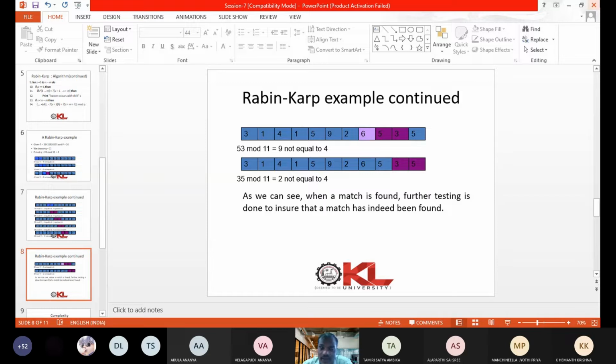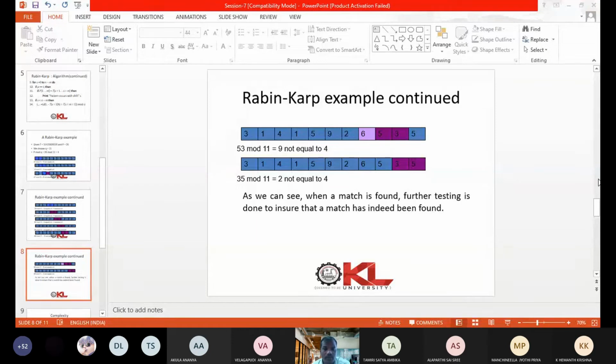Otherwise, just slide over to the next. Sometimes hash values are the same but the characters are not the same. That is called a spurious hit. So identify where spurious hits are occurring. If a spurious hit happens, then slide over to the next character and compare again. So this will continue. This is how the Rabin-Karp algorithm works.